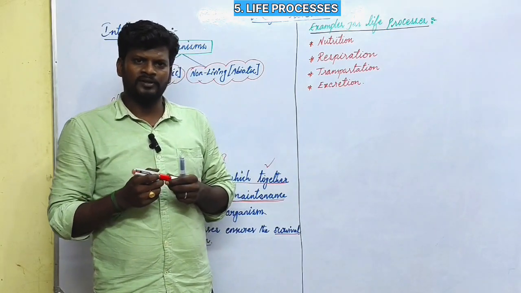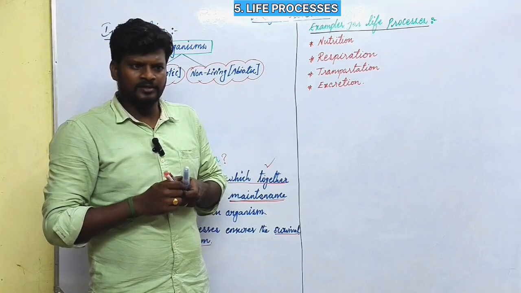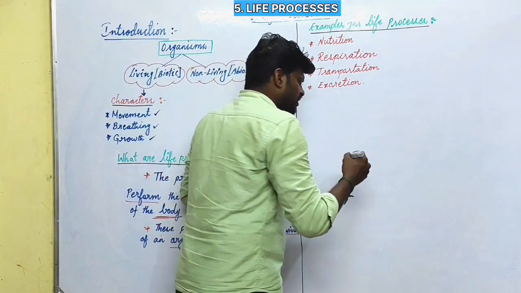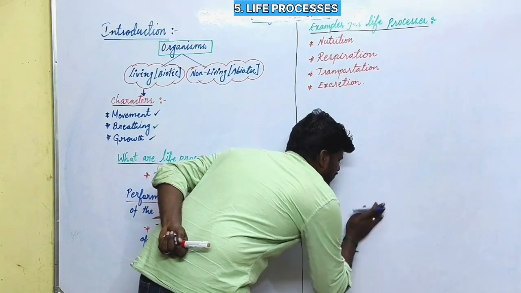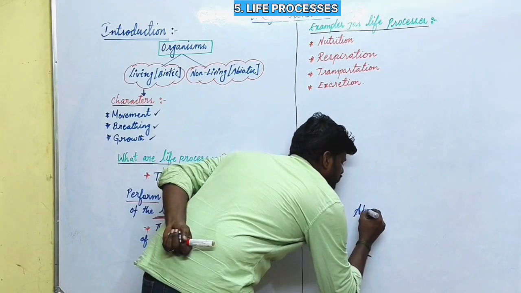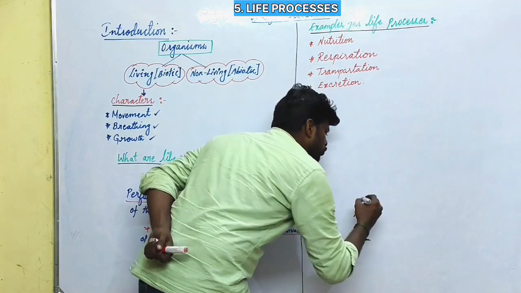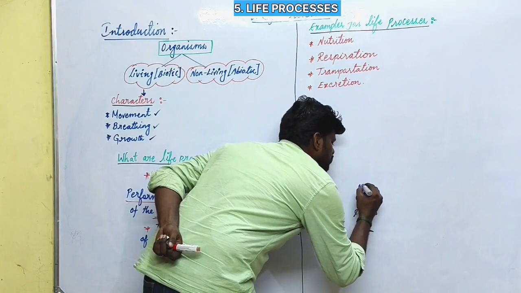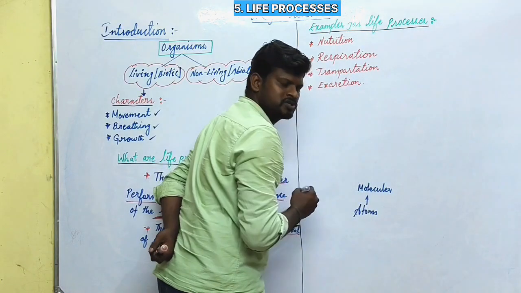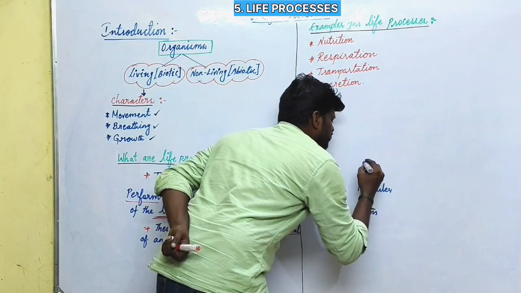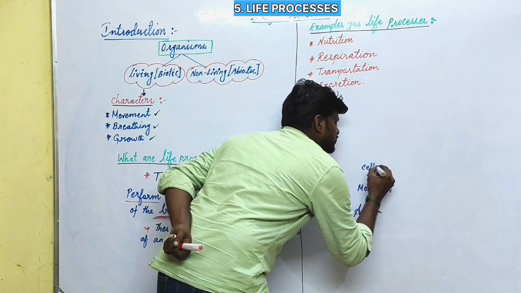Say, for example, as we discussed in earlier classes, each and every organism is made up of atoms. A group of atoms together forms molecules. A group of molecules together forms cells.